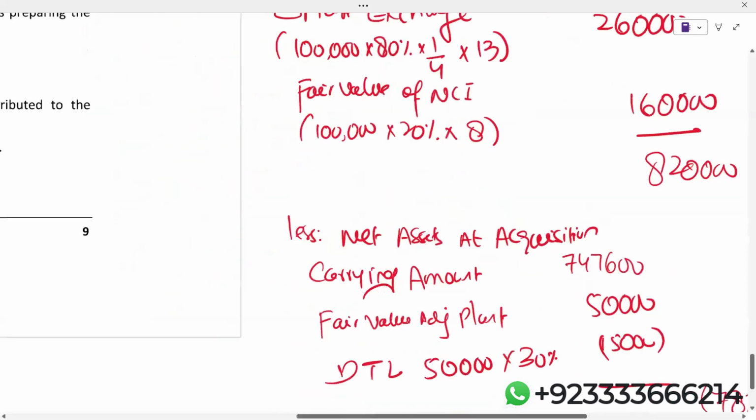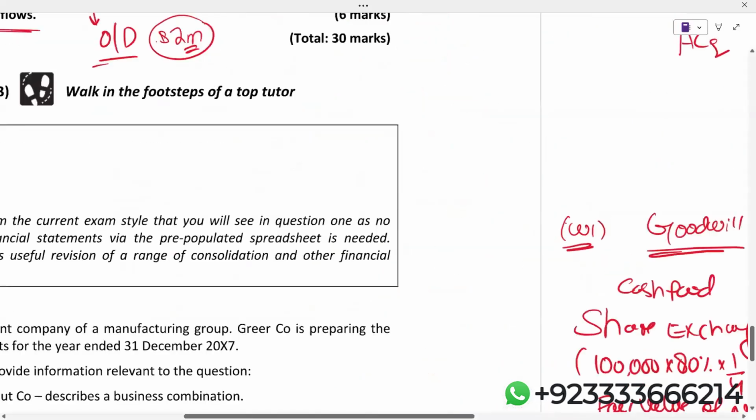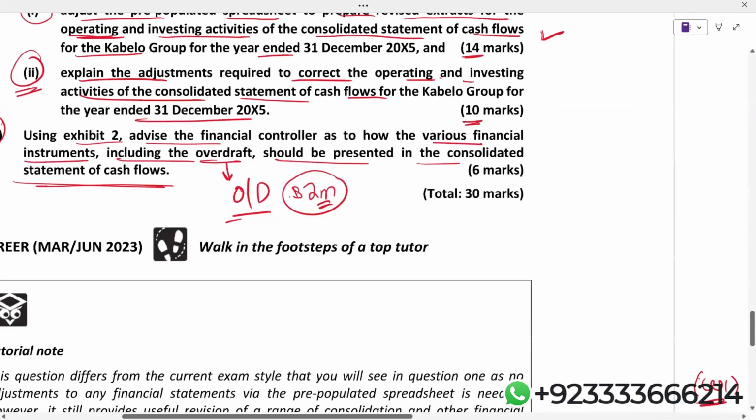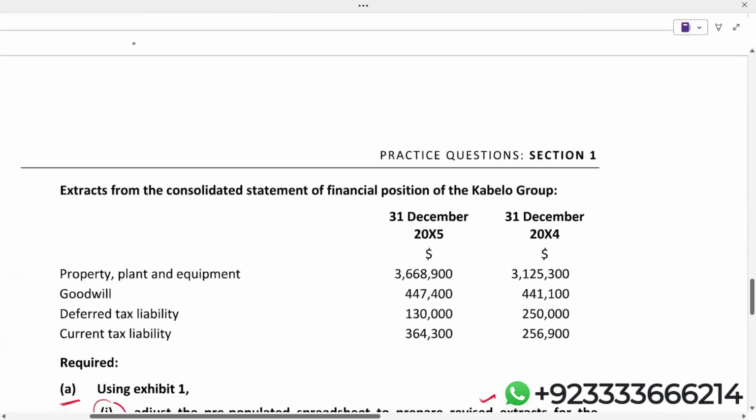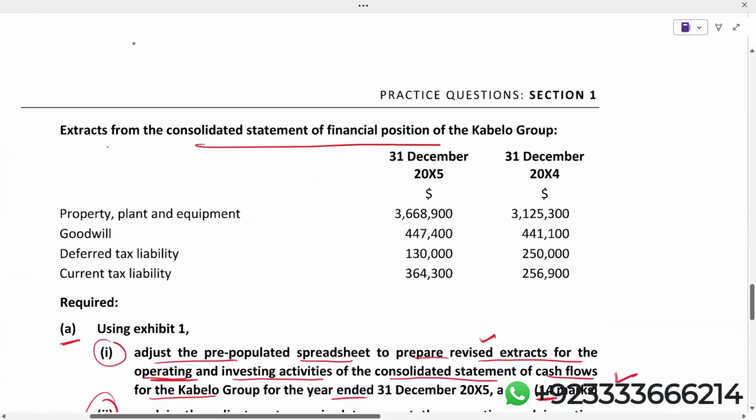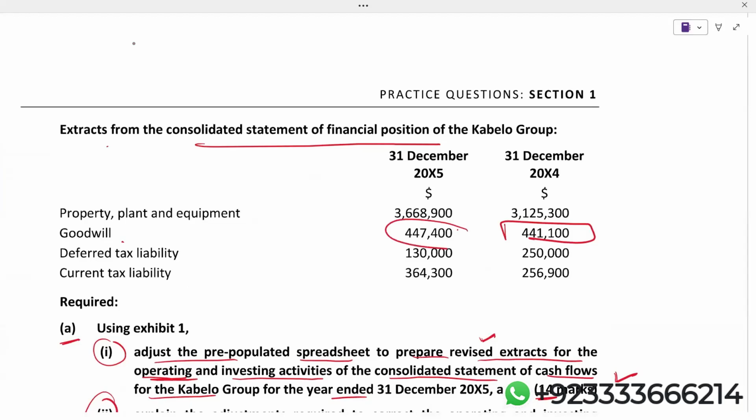Let's see what the goodwill BD amount is. Goodwill brought down, extract from the statement of financial position is here. Goodwill brought down is 4,41,100, and goodwill CD is 4,47,400.